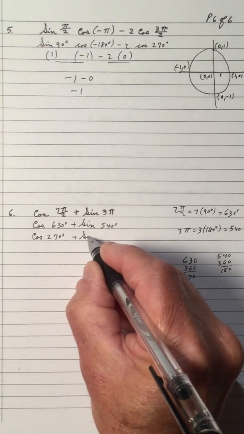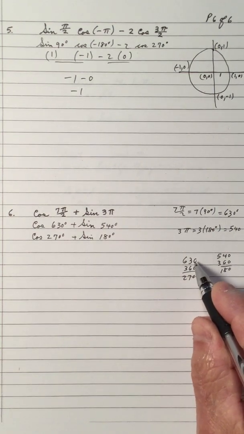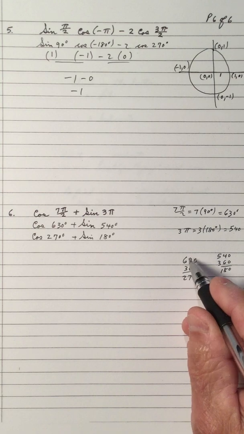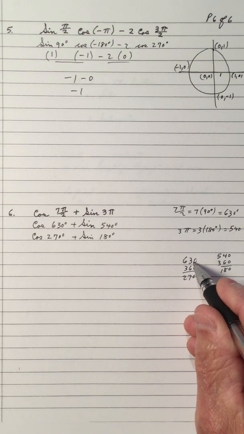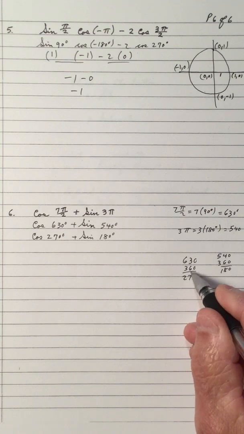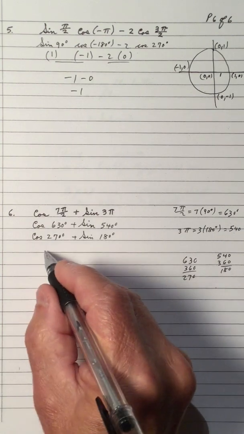So these are smaller rotations. So if you go 630, you will go around 360 and 270 more. So by subtracting 360, you just have to rotate once on the circle.